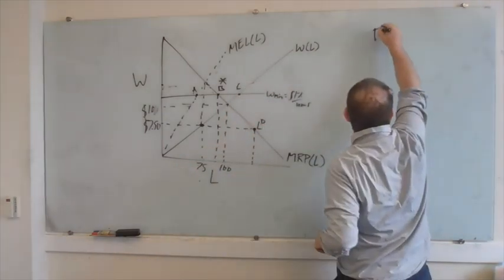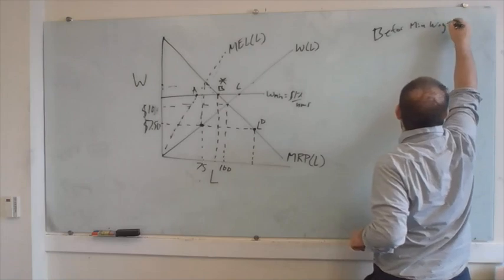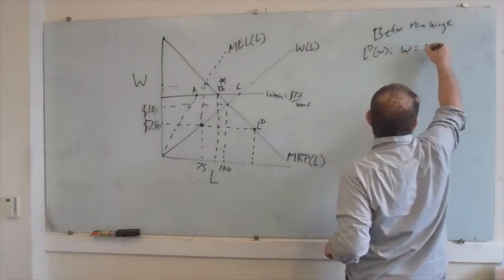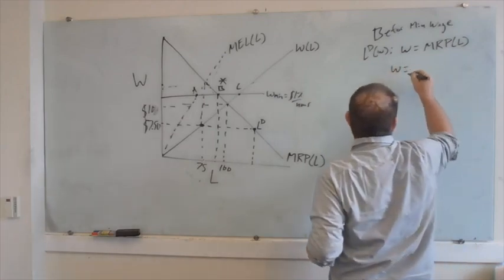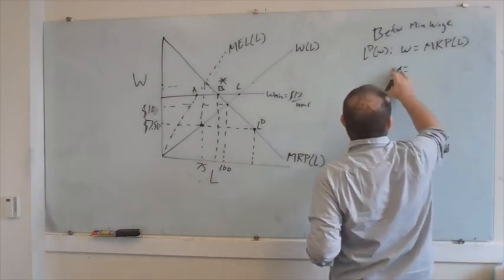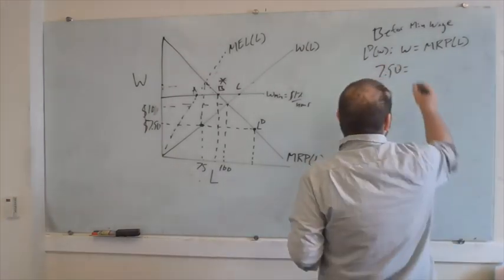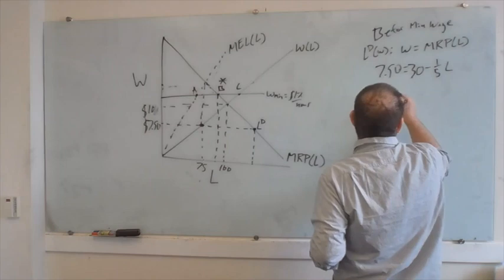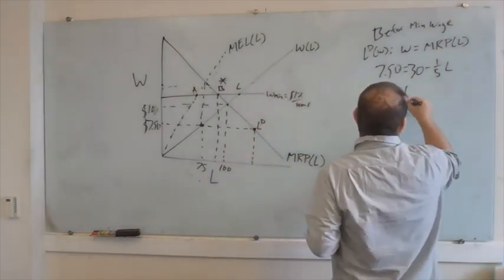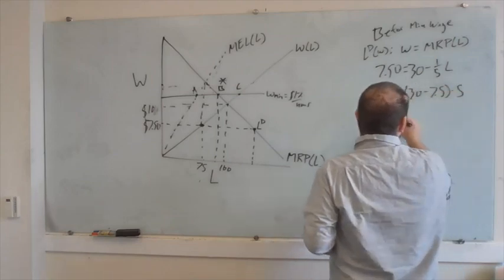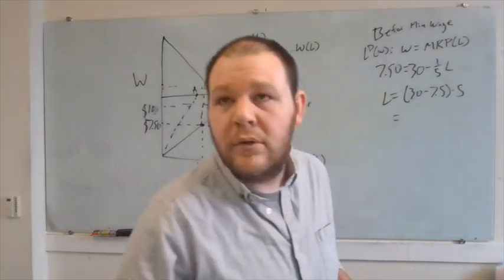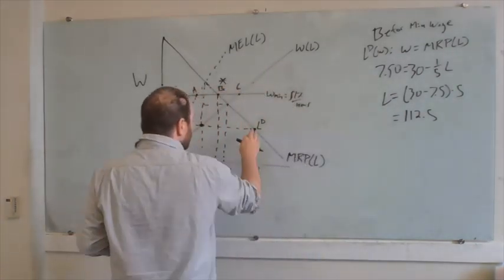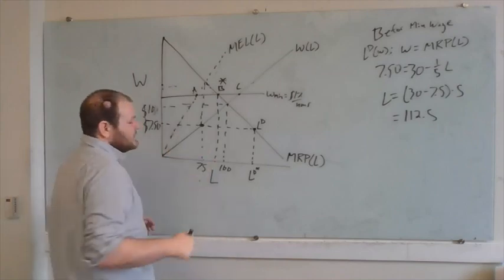In fact, before the minimum wage increase, the firm wanted to hire where wage equals marginal revenue product, which is to say where the wage of $7.50 was equal to their marginal revenue product, which had been 30 minus 1/5 L. So this means that they wanted to hire where L was equal to 30 minus 7.5 times 5, which is 112.5. Point is, they were willing to hire more than 100 workers, certainly more than 75 workers, at a wage of $7.50.